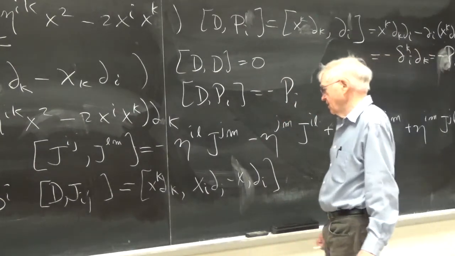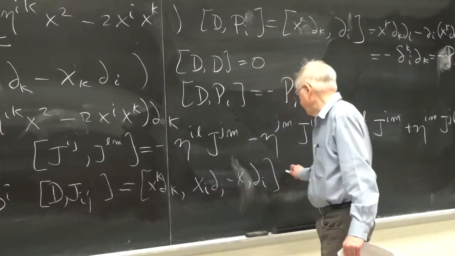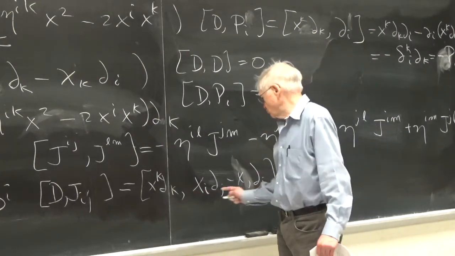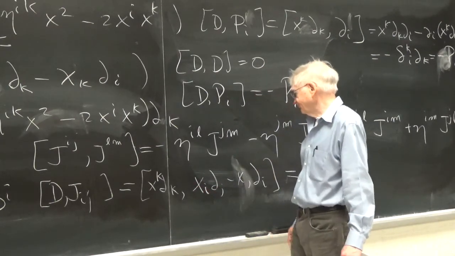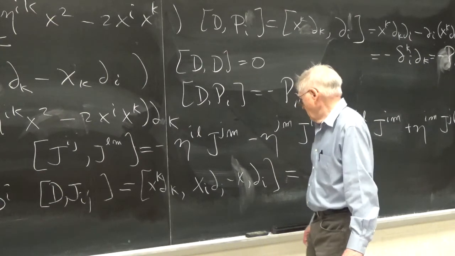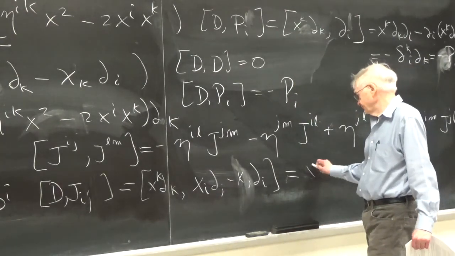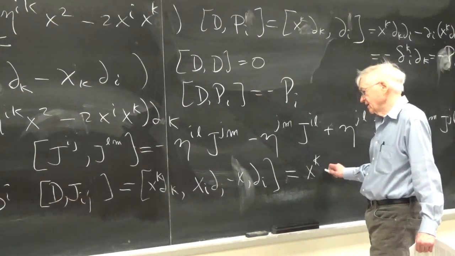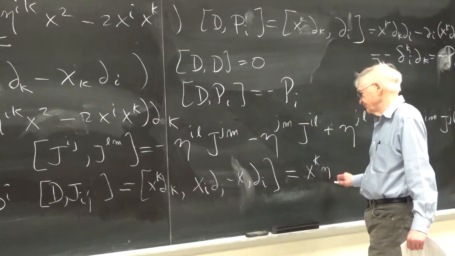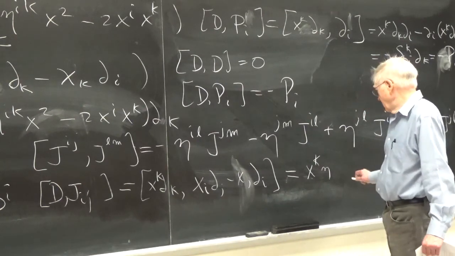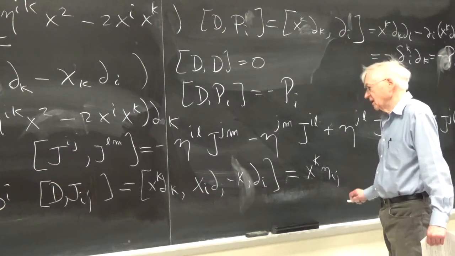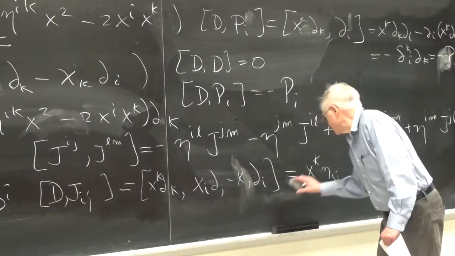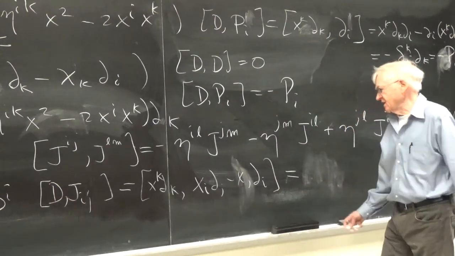And what we have here, if we just try to keep track of the non-zero terms, is the d_k on the x_i, which is x^k, and we can call x_i eta_I. Well, if I do this slowly, I'm just trying to get the minus sign right.